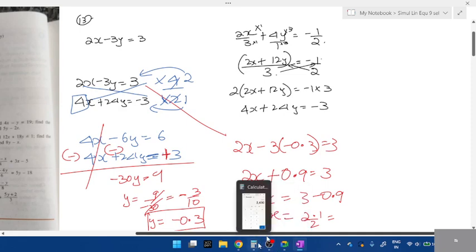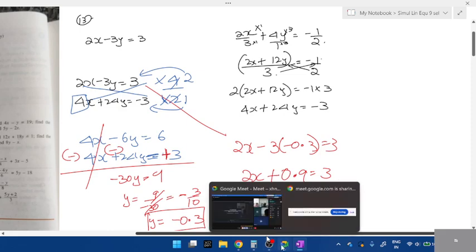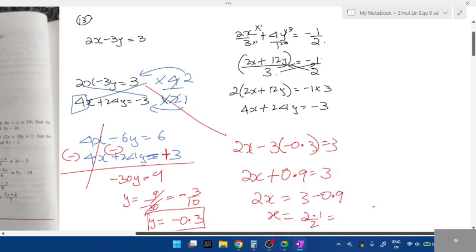Got this right till here? No, till here, is it correct? No, it's not into 10, students. Not into 10. Look here. 2.1. Remove the decimal and divide it. What do you get?